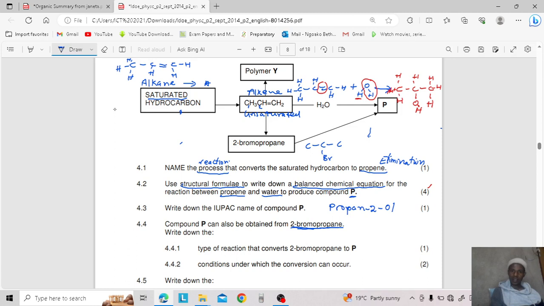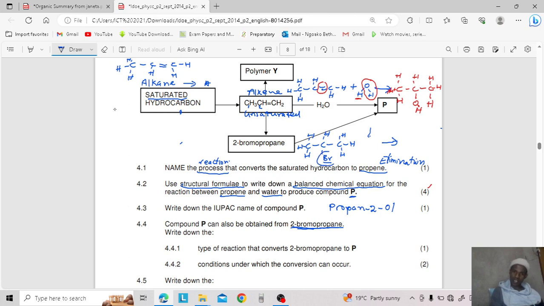And then, of course, these are the hydrogens. Now, they're saying this must go and produce an alcohol. So it's halogen and alkane, so it's a haloalkane.